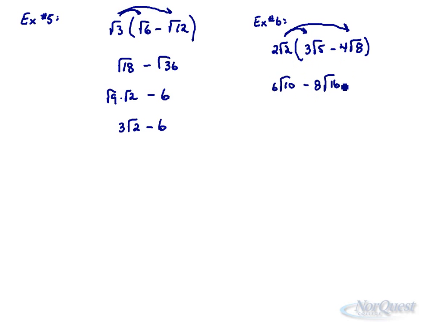Again, look for perfect squares. Now that you've multiplied, it's just like simplifying with addition and subtraction. Root of 10 does not have a perfect square in it. Leave it. Root 16 is a perfect square. That's 4. So you get 6 root 10 minus 8 times 4, which is 32.